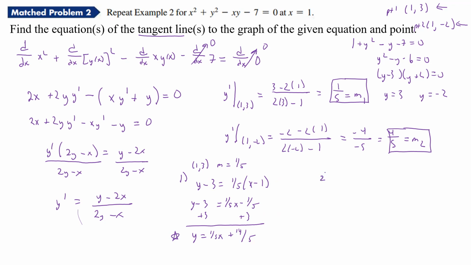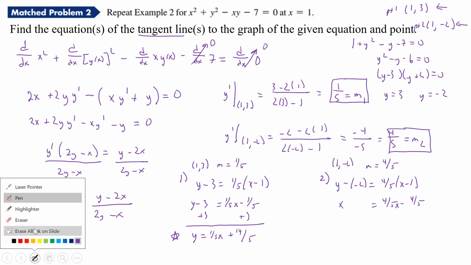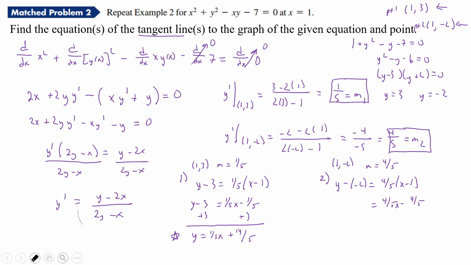Now the second equation, we just do the same thing, except now we're going to do 1, -2, and we're going to have a slope of 4/5. Okay, so y minus a minus 2 equals 4/5 times x minus 1. And so it's going to be 4/5 x minus 4/5, and we still have y on this side, and that's going to be a plus 2.